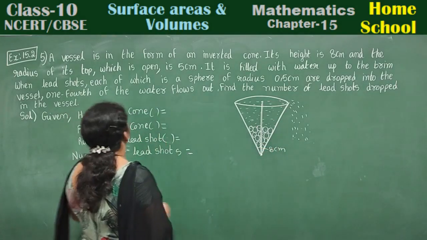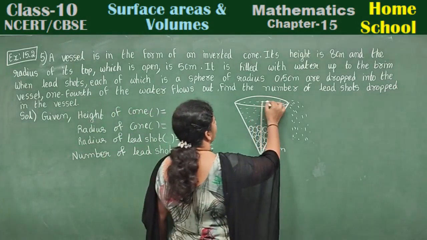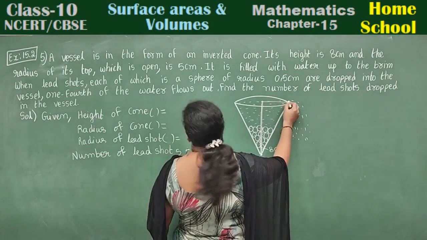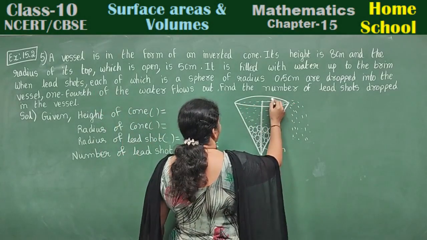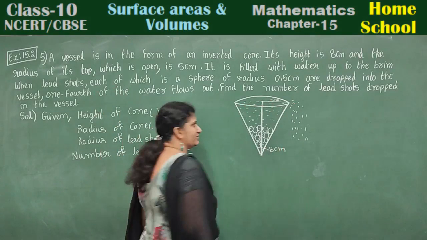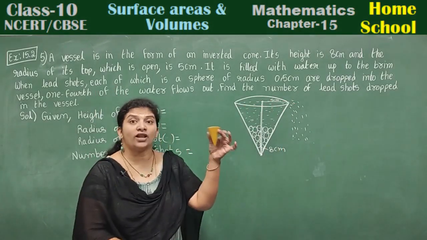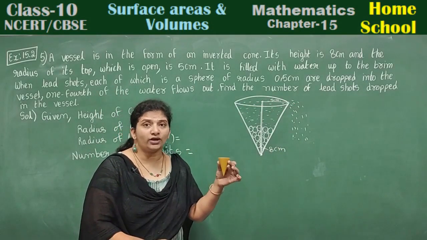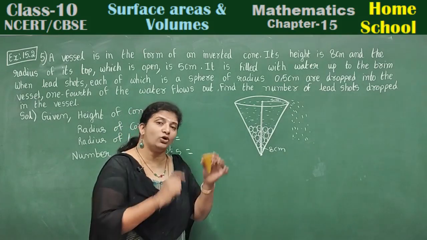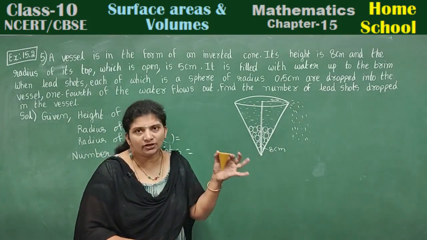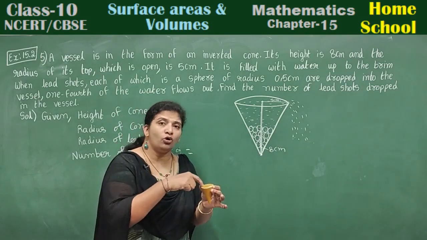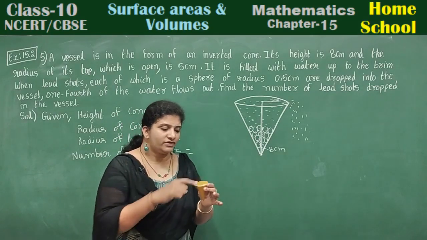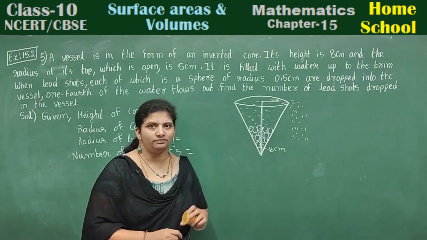And the radius of its top, look here, this is the radius of its top, which is open, is 5 centimeters. See here, this is your solid cone, but we are talking of an open cone. This is a solid cone, but in this problem, we are discussing the cone which is hollow, which is open at the top.